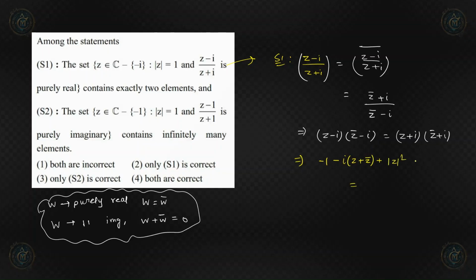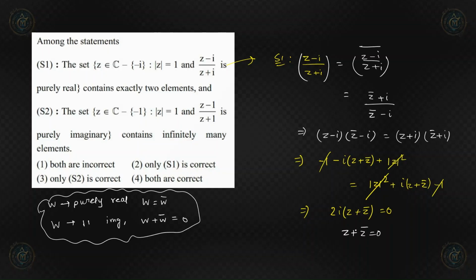Okay, and then we have again mod z square plus iota times (z plus z bar), then here again plus iota square, which is minus 1. Okay, then from here mod z square is cancelled, minus 1 is cancelled, that means 2 times iota times (z plus z bar) equal to 0. So from here we can easily say that iota is not 0, 2 is not 0, that means z plus z bar should be equal to 0.